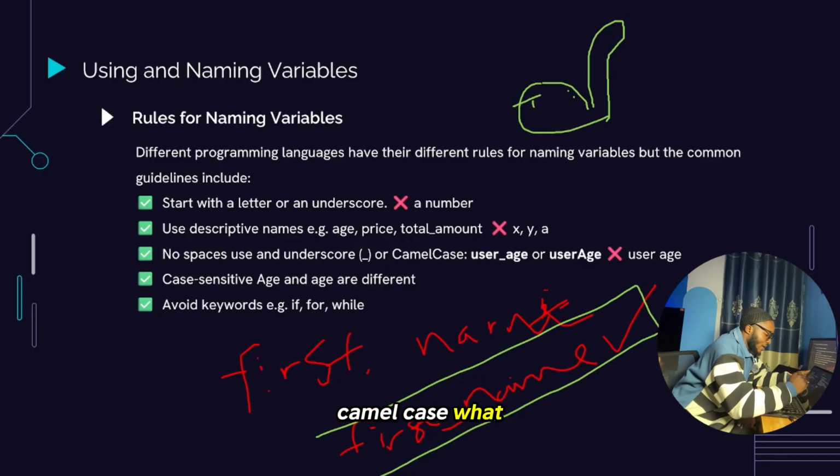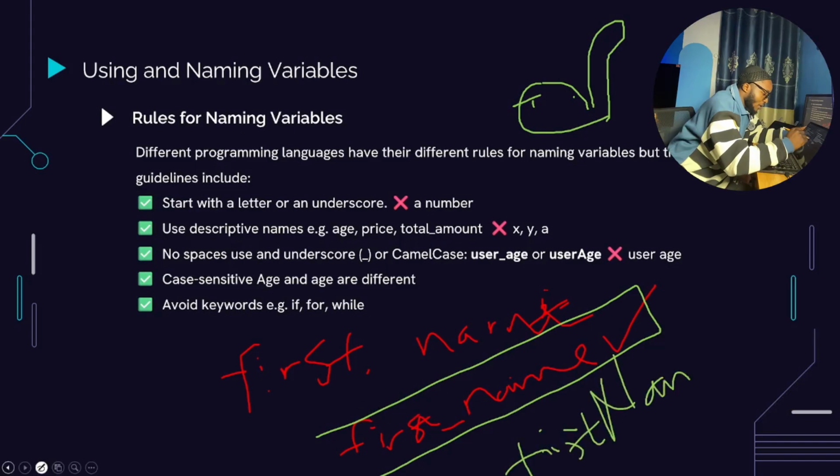With camel case, let's say for first name, we have first, then name. The second word that you could have given a space, the first character of that word will be written in capital letters. So you see here that first, then this name is written in capital letters. You see that it kind of depicts that structure. That is referred to as camel casing.